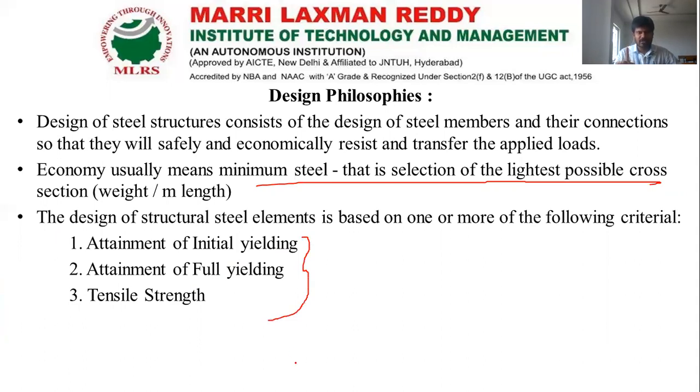Under the elastic state, it can take all three things very easily. But once it transfers from elastic to plastic state, it can take load, but it won't return to its original position even after the removal of load.